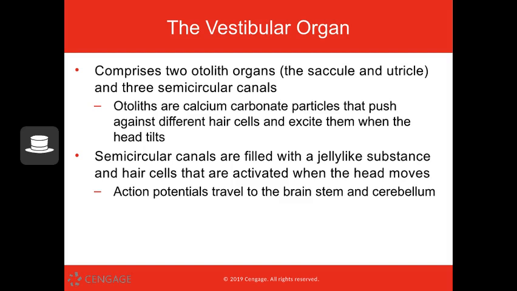So when those particles push against the hair cells, we know that we're tilting a certain way. Semicircular canals are filled with a gel-like substance and the hair cells that are activated when the head moves. So these will trigger action potentials that will travel to the brain stem and cerebellum, telling us, oh, we're on balance or we're off balance.